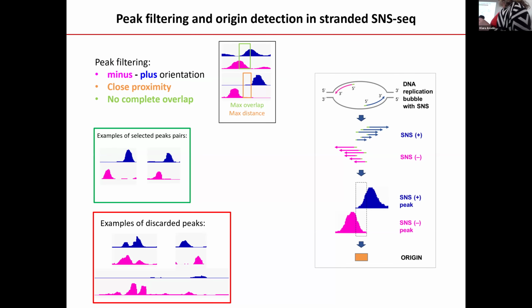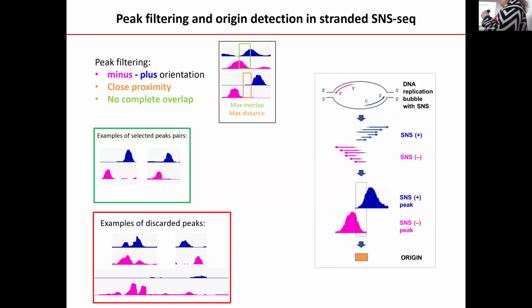Now we are applying peak filtering with 3 criteria that we assume from the topology of the replication bubble. So we know the orientation of the DNA replication bubble, and to filter for the orientation, we need peak pairs that are in the minus+ orientation.